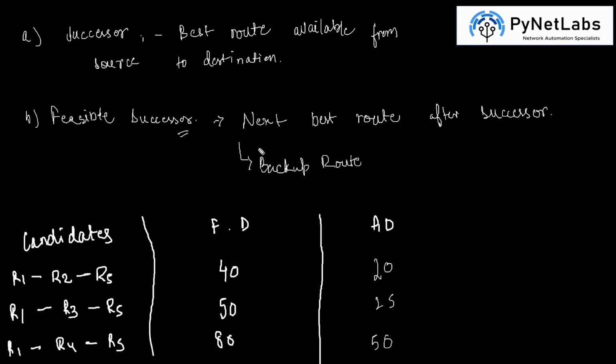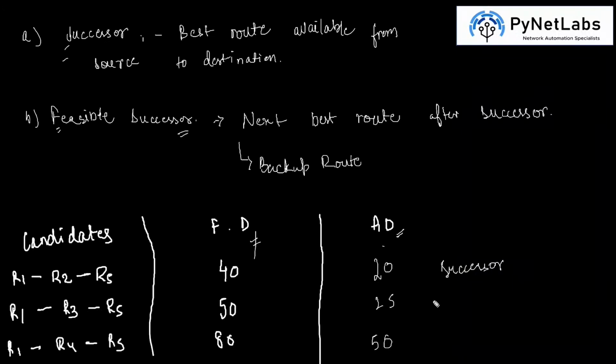Okay. So now these feasibility distance and the advertised distance, these values are used to consider the successor and feasible successor for routing table. So the lowest one is considered as the successor, as it is going to be the best route, right? So the route with the lowest metric, which is the cost for the data transmission, is considered as successor.